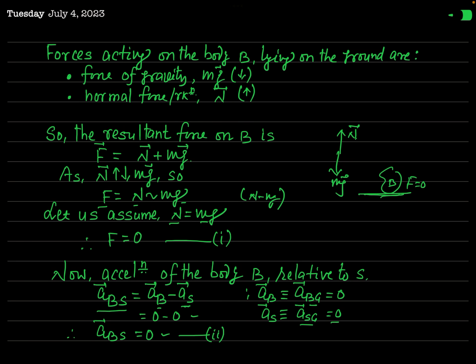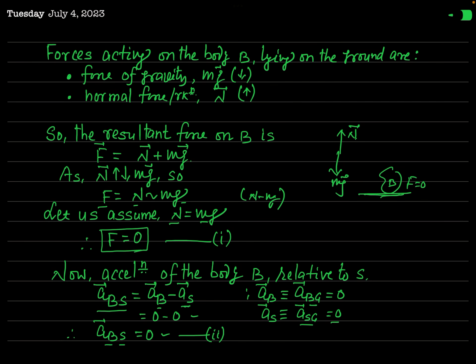It means you can see that we have obtained that the acceleration of the body B with respect to the frame S is equal to 0. And you know, the body whose acceleration has been found to be zero with respect to S is a force-free body.